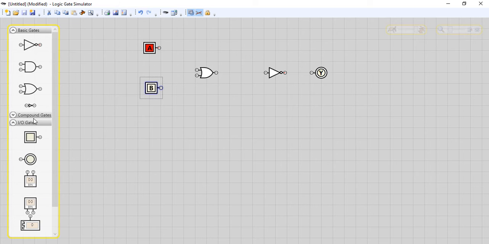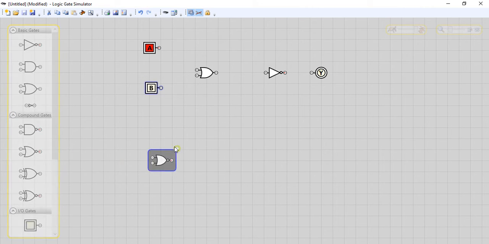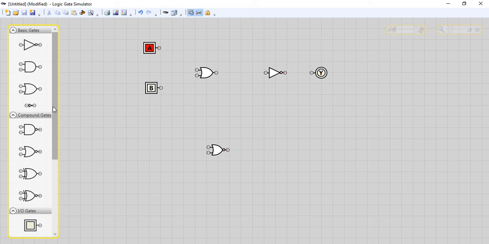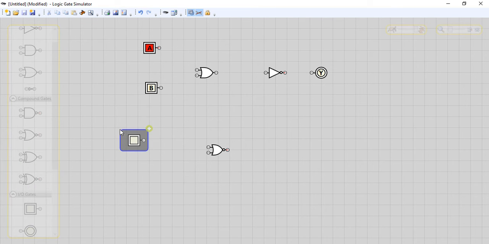Likewise, I need a NOR gate, where I will compare the results of the combination of OR gate and NOT gate with the NOR gate. This will be my input, and this will be my output.